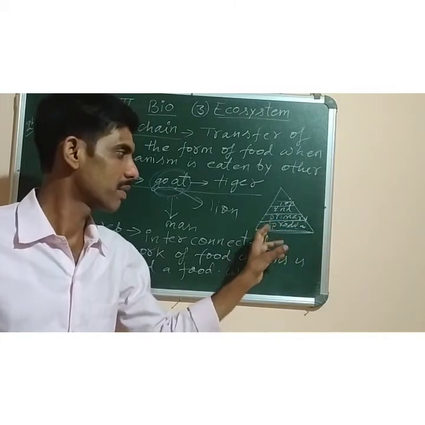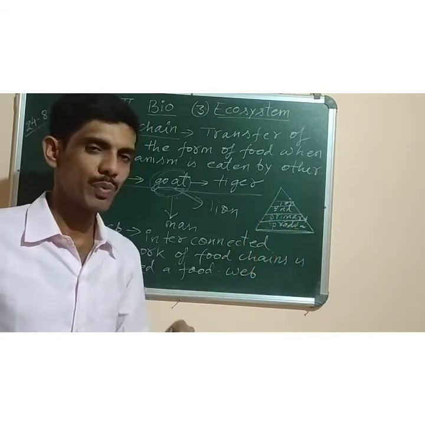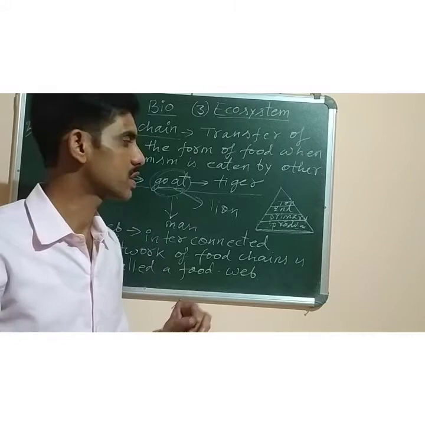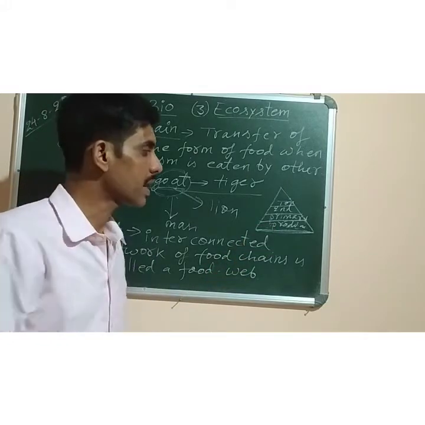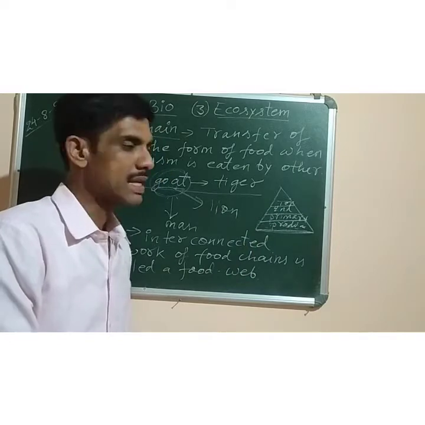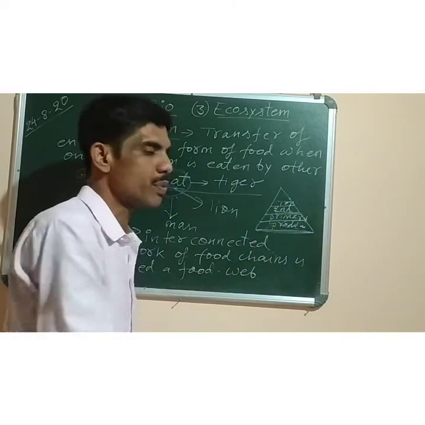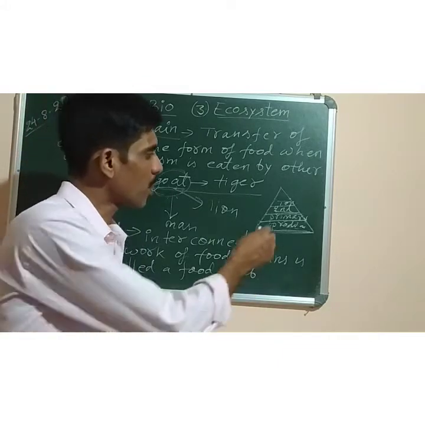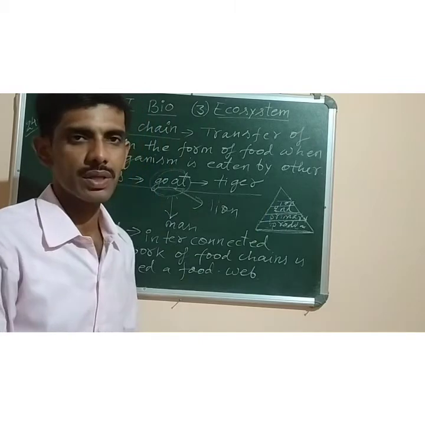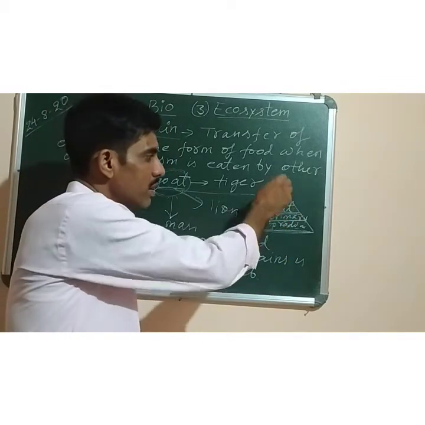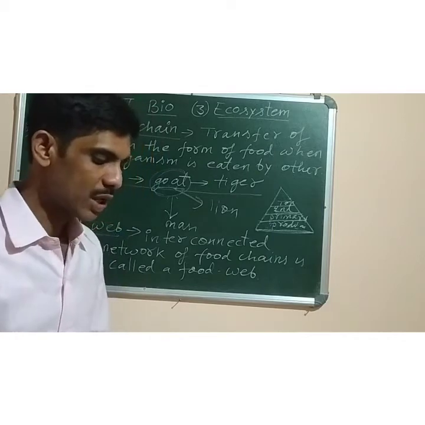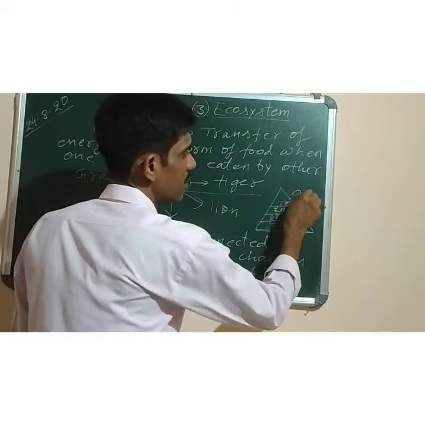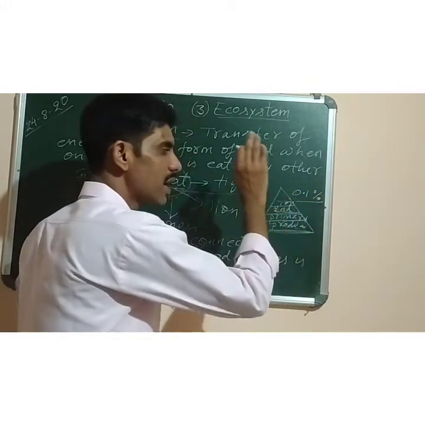Their number is maximum. These are eaten by primary consumers, that is the herbivores. If you count the number of herbivores, those animals which feed on grass or plants, their number will be less than that of producers. Similarly, the number of secondary consumers, the carnivores which feed on the herbivores, will be less than that of primary consumers. And when you count the tertiary consumers, the last one in which the owl is there, they account for only 0.1% of the total population, less than 1%.